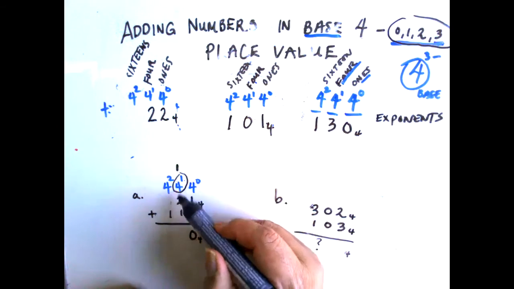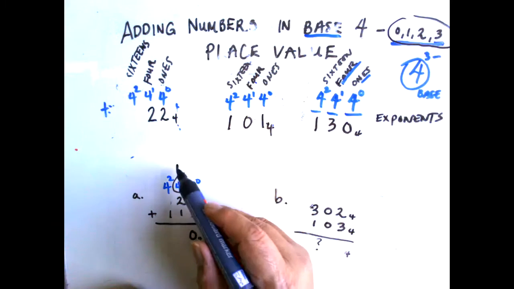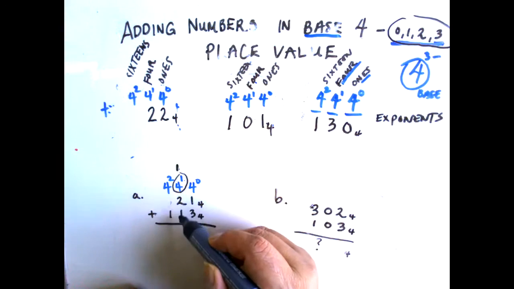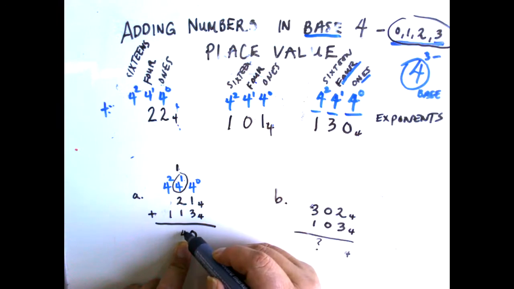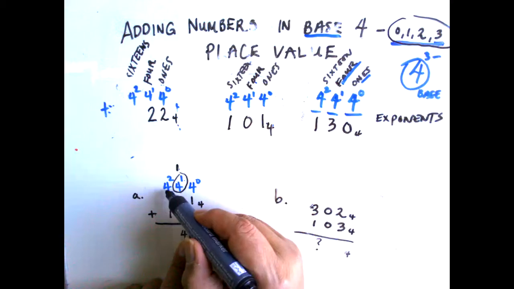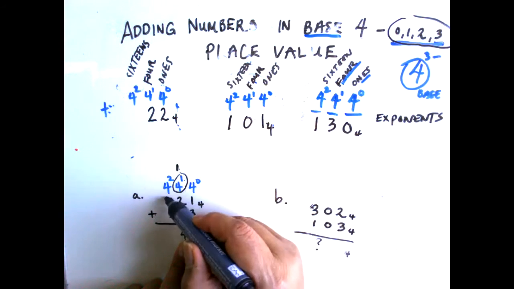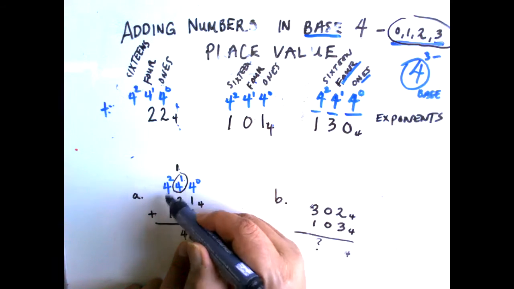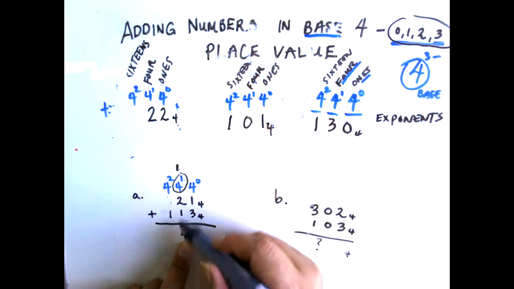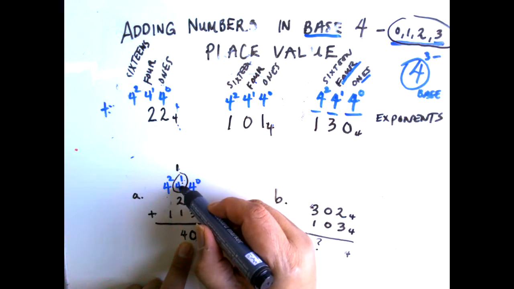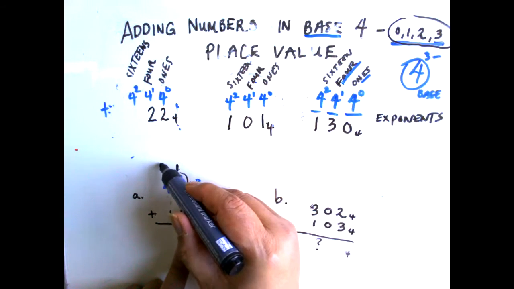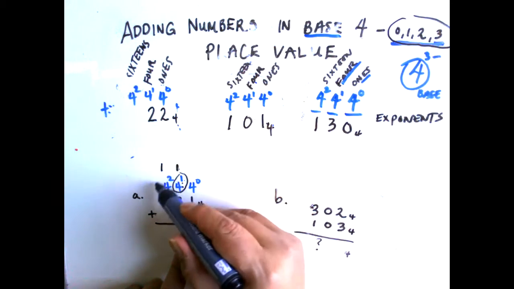It will be 1, 2, 3, 4. Can we write that? No. So 4 fours is basically 4 raised to the power of 2. 4 groups of 4s is essentially one group of 16, which is this one.